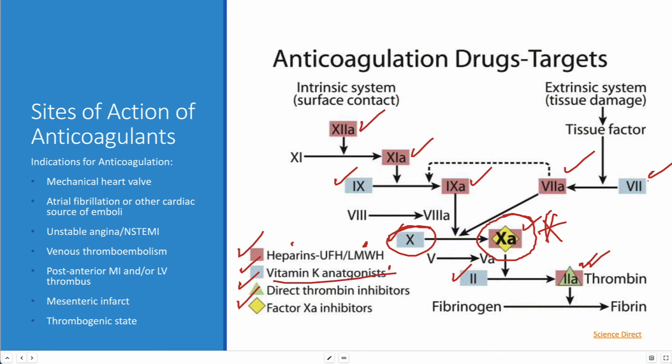And then we love the direct thrombin inhibitors or factor 10 inhibitors because we can just give a known dose and we know that they're anticoagulated. We don't need to measure the INR. Okay, so this part, the final common pathway, we use for these indications.